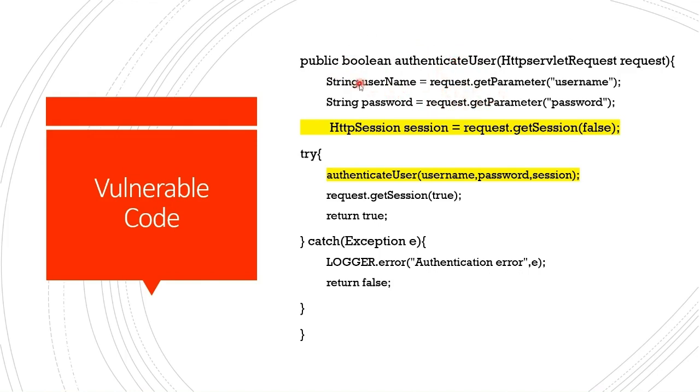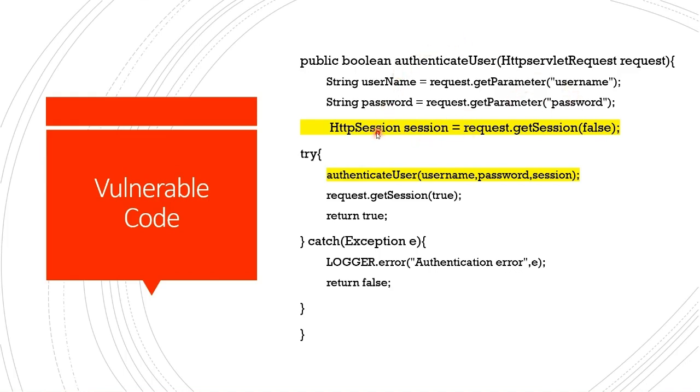Here the code written by the developer gets a username, whatever username you enter, as a string, and whatever password you enter, as a string. Now they are creating a session object, with request.getSession.